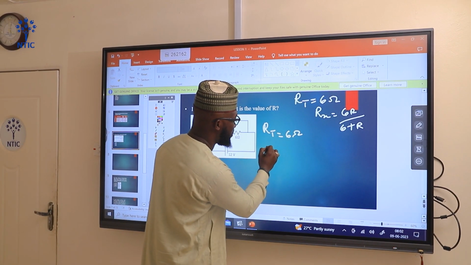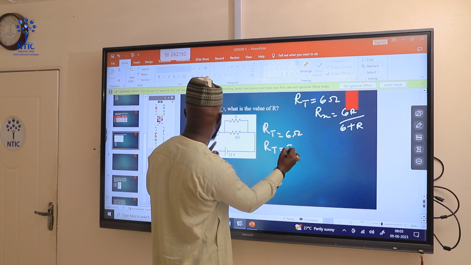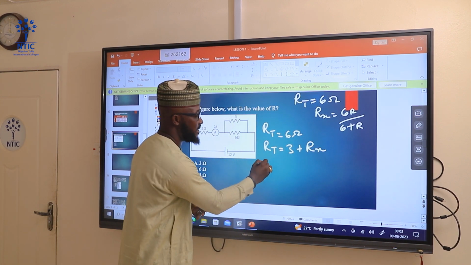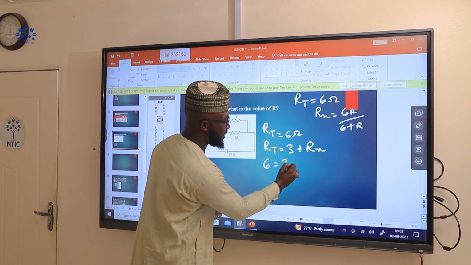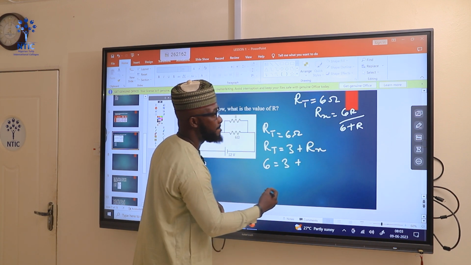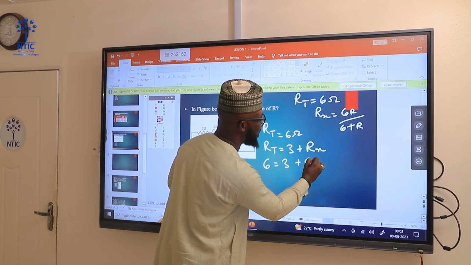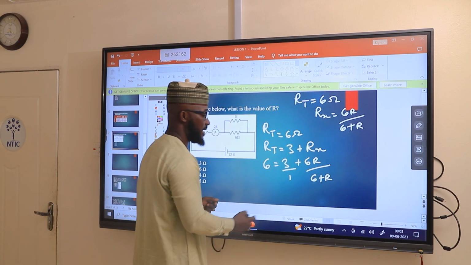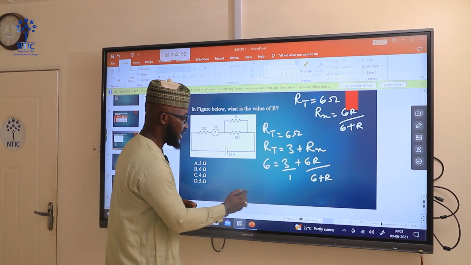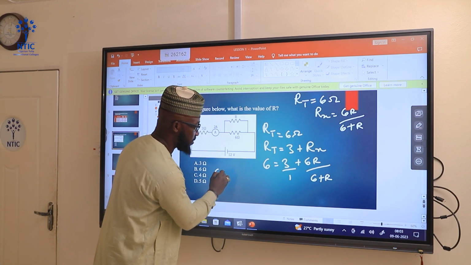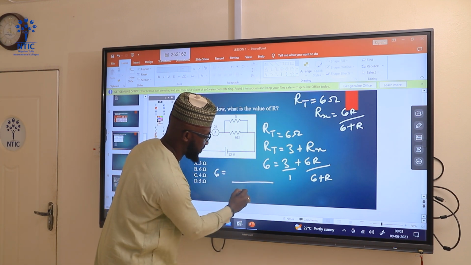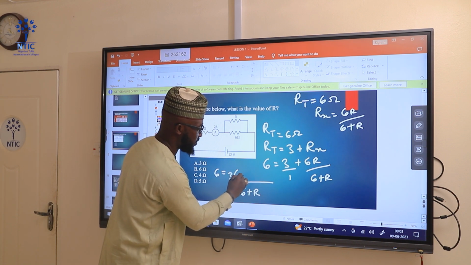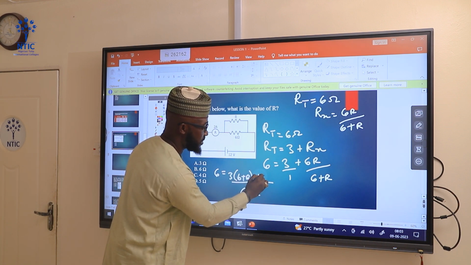So we are simply going to say RT is equal to 3 plus Rx. RT is 6. This is equal to 3 plus 6R over 6 plus R. Let's take the LCM of this, and that will give us 6 equals 3 into 6 plus R, plus 6R.